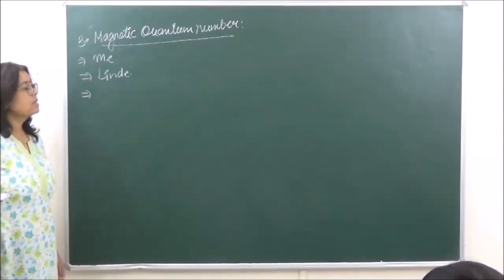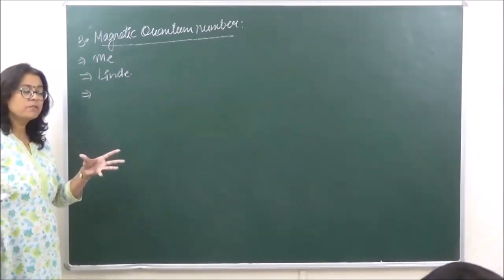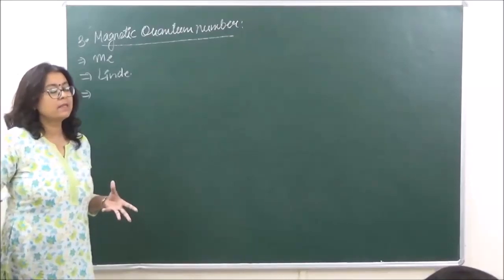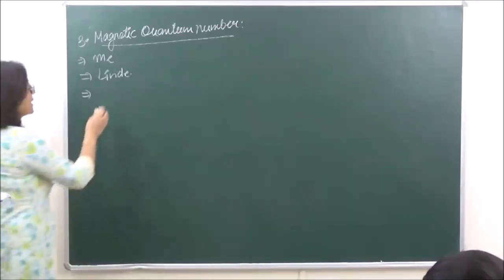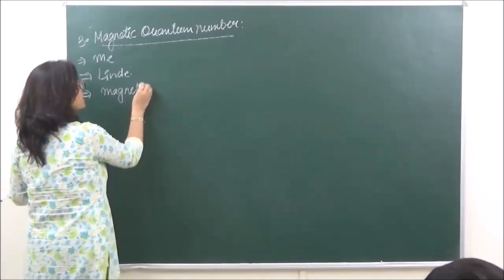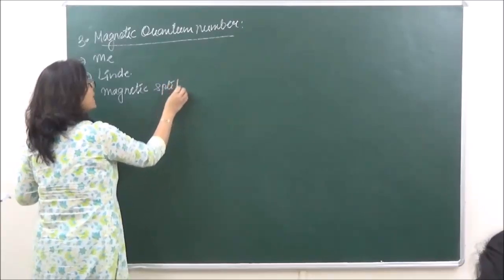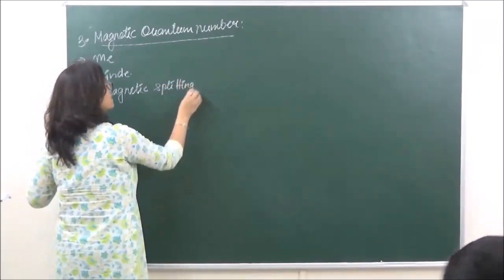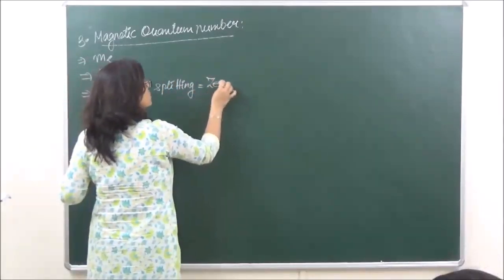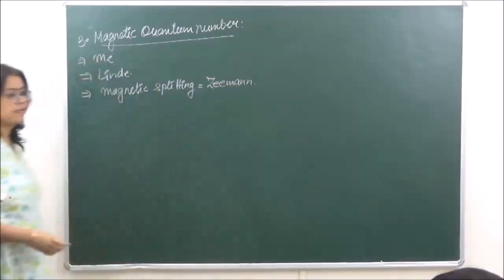But the magnetic quantum number explained the Zeeman effect, that is the splitting up of spectral lines when they are kept in a magnetic field. So the magnetic quantum number gave us an appropriate reason for magnetic splitting, which is known as the Zeeman effect.